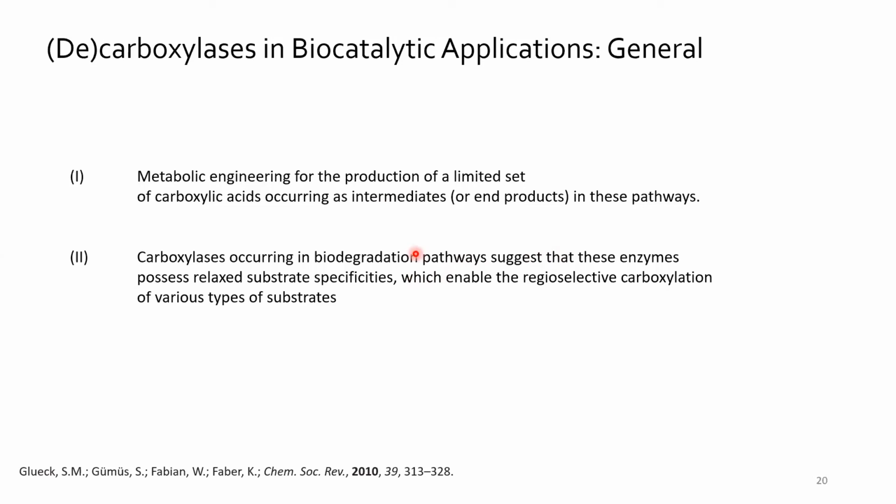So this is with enzymes from mainly the primary metabolism. And on the other hand, which is more suitable, is the use of carboxylases which occur in the secondary metabolism, because they have a more relaxed substrate scope, and they also enable the regioselective carboxylation.